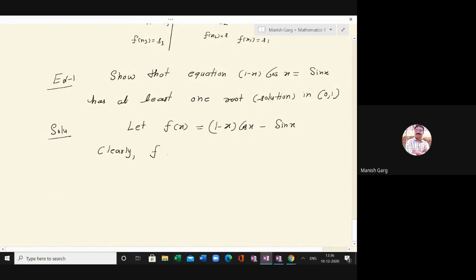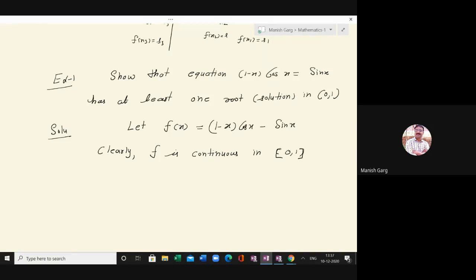Clearly f is continuous in [0, 1], because cos x is continuous, sin x is continuous, 1 minus x is continuous, product of two continuous functions is continuous, and subtraction of two continuous functions is continuous.